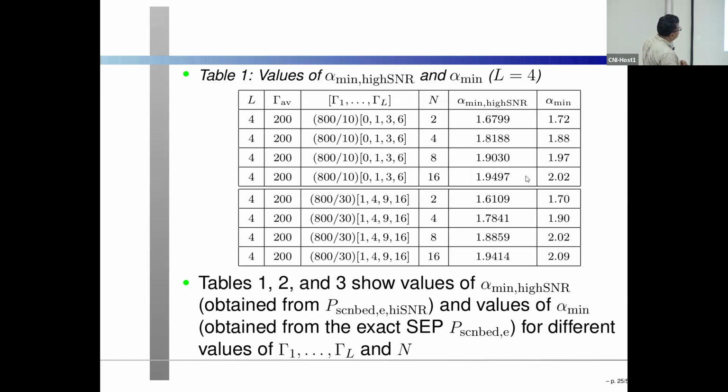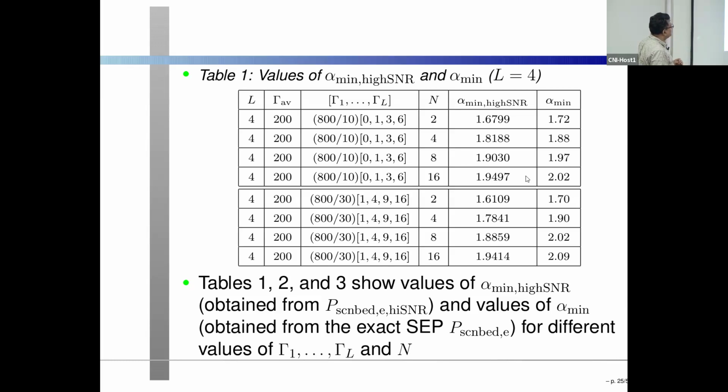Like here, it's 1.7. You can see, this is the actual SNR dependent alpha min. Why do we do all this exercise? If you have a variable alpha, you can actually minimize the alpha and get the best performance. That's the basic idea. So this is the one which gives the minimum SEP.